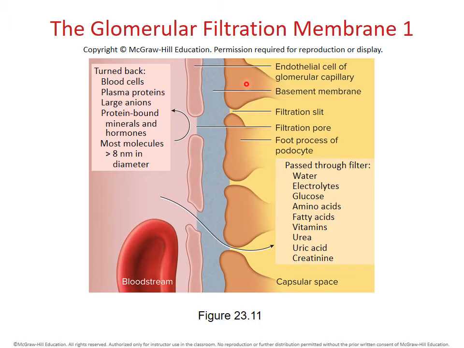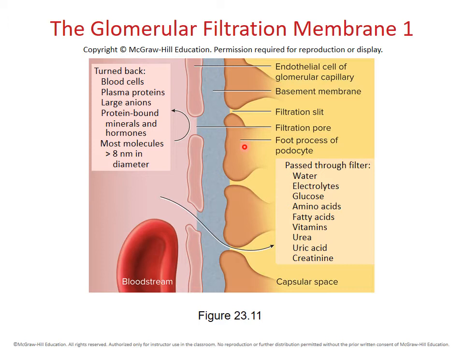And then finally, again, we have podocytes on the capsular side of the filtration membrane. And as I described earlier, podocytes are octopus-like or star-shaped with many projections. And each of these projections is called a foot process or a pedicel.